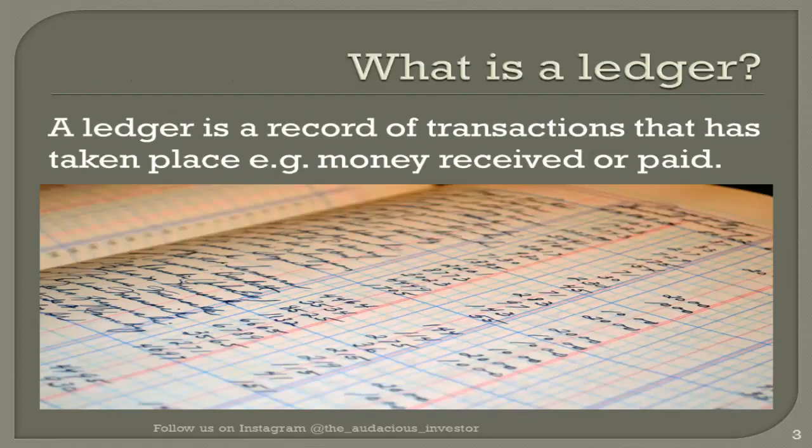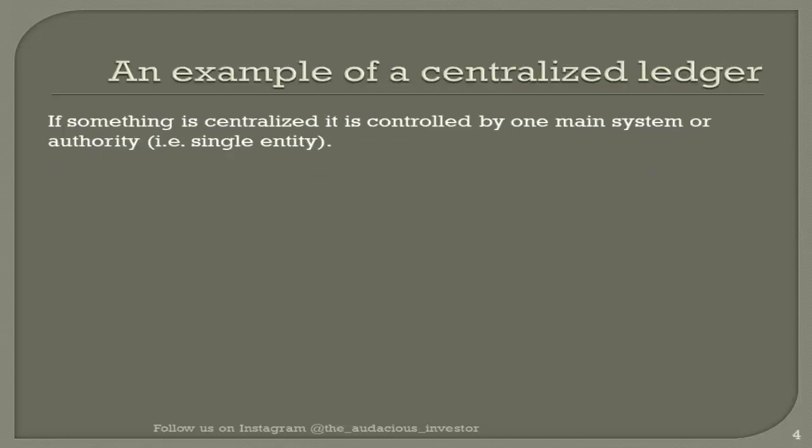So what is a ledger? A ledger is basically a record of transactions that has taken place. Example, money received or paid. So anything that keeps a record of transactions that's being made is called a ledger. So an example of a centralized ledger.